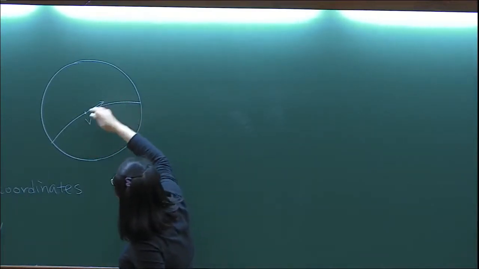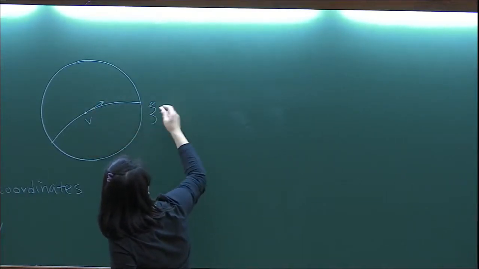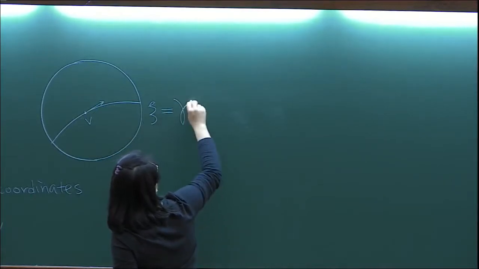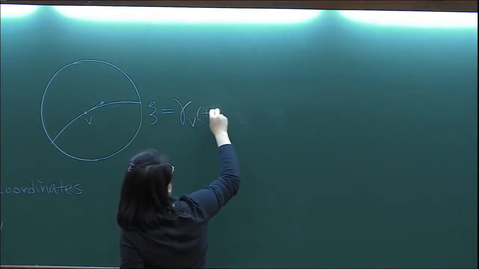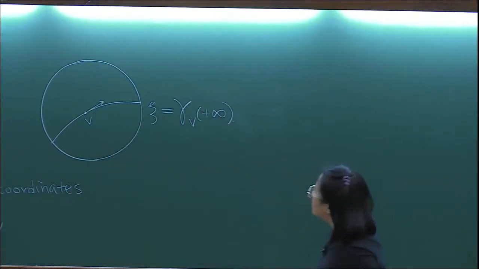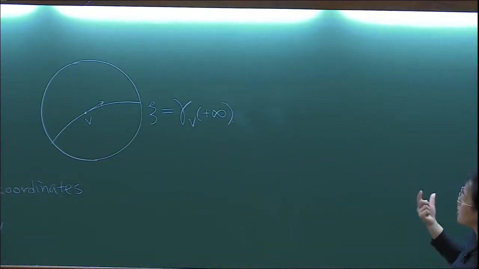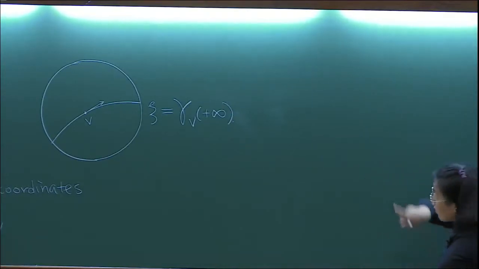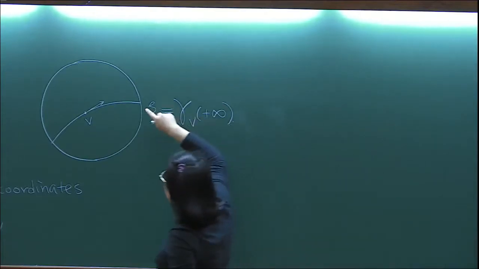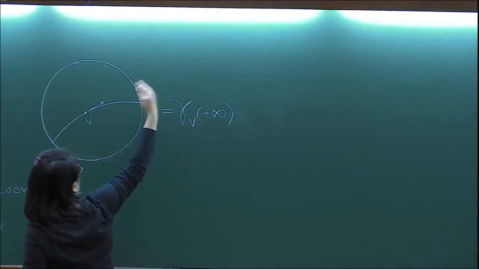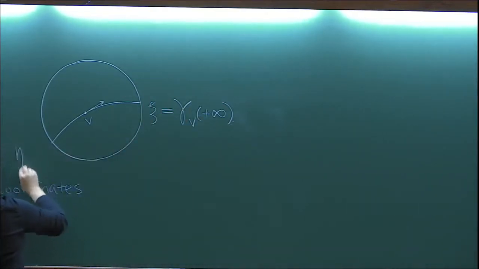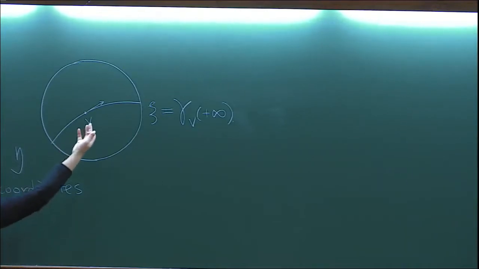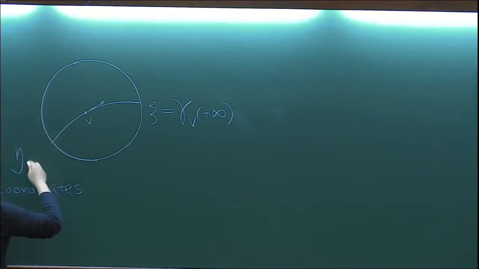So you are moving in this direction, so the xi will equal the endpoint of the geodesic starting with this initial velocity v, going to the infinity boundary. Okay, so we will have this eta corresponding to the other direction at the point at the boundary.